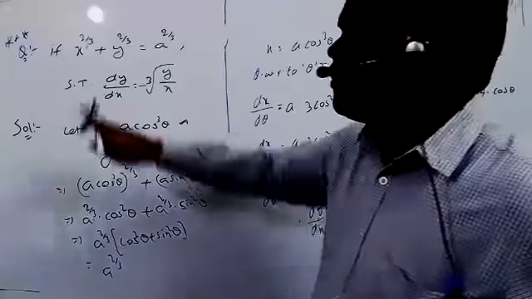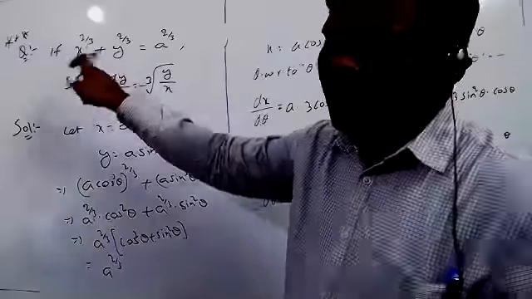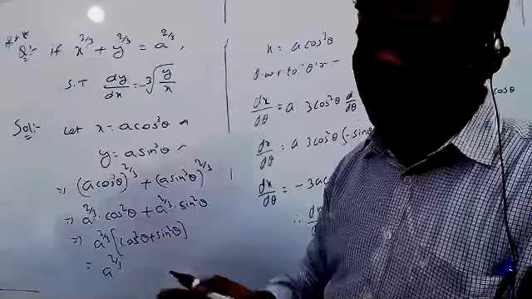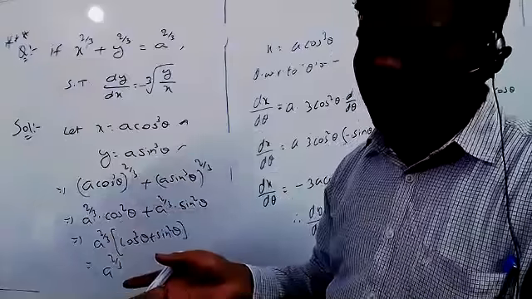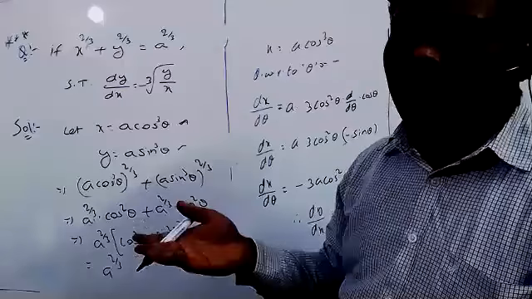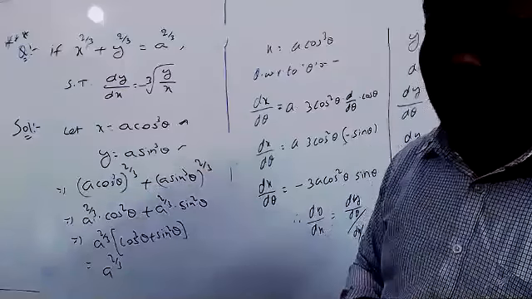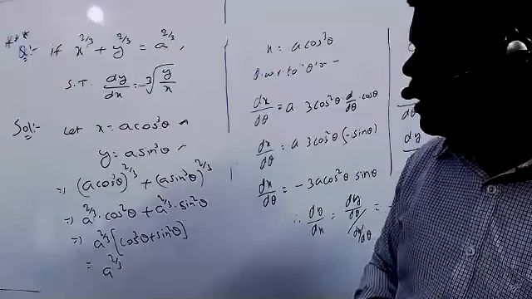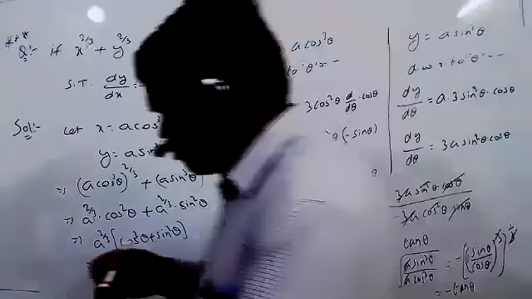Understood now? Suppose they had given a minus sign between these two, then you can take secant cube and tan cube, or else cosecant cube and cot cube. Clear now? Next.